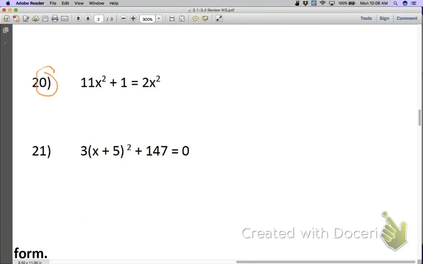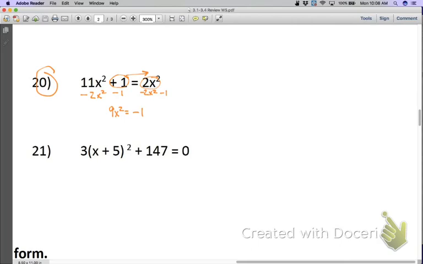So on 20, again, I would get the x squareds by themselves. So in doing that, for me personally, because I would rather keep my x squared positive, I would send this over and subtract the 2x squared and subtract 1 from the other side. So in doing that, I'm going to have 9x squared equals a negative 1.